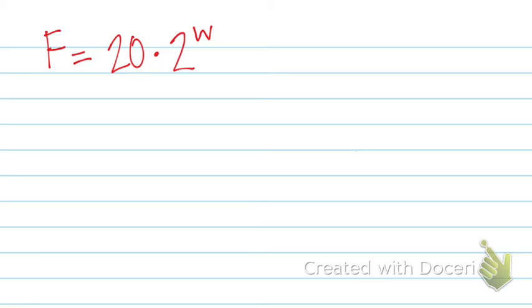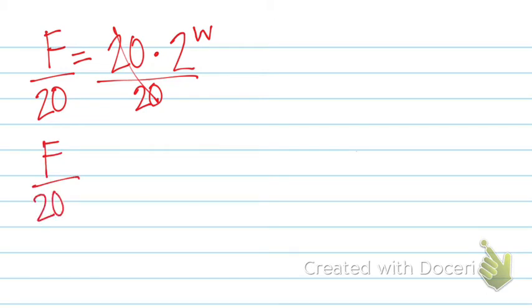So I want to get rid of that 20. What is 20 doing with that base and exponent? It's multiplying. What's the opposite of multiplying? Dividing. So we're going to divide both sides by 20. These cancel. And I'm left with F over 20 equals 2 to the W.